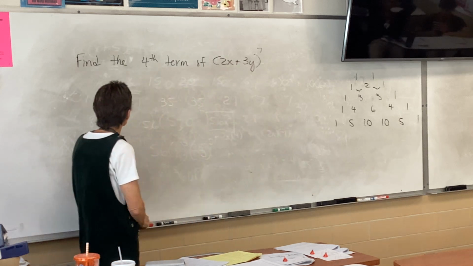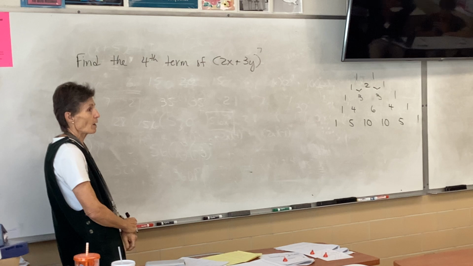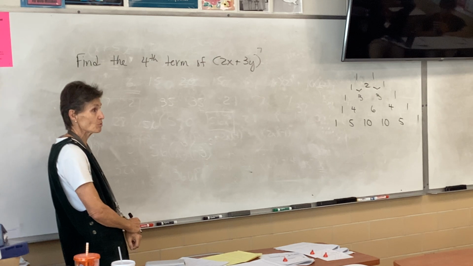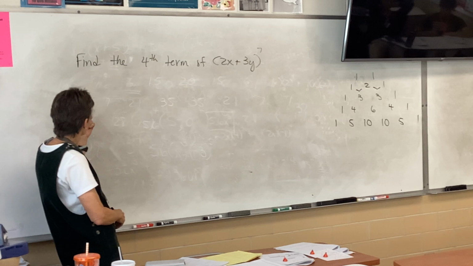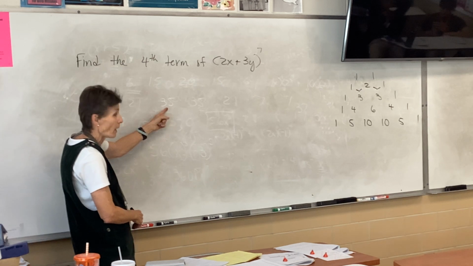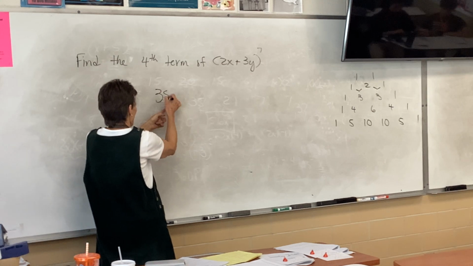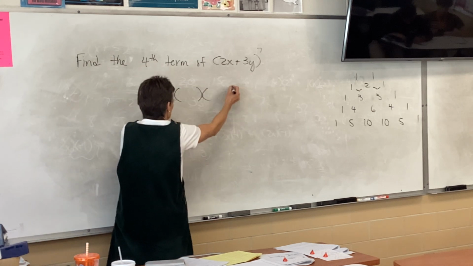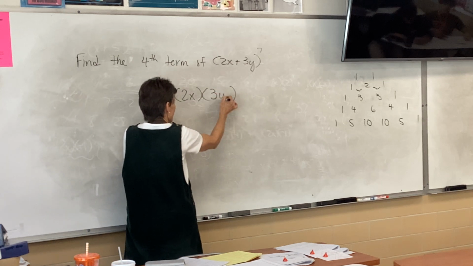Oh shoot. I think I can still see my 7th row on my dirty board there. So I would need the 7th row of my triangle. The fourth term would be 1, 2, 3, 4, I got 35. So I'd write down my 35. And then I would write down 2x and 3y.